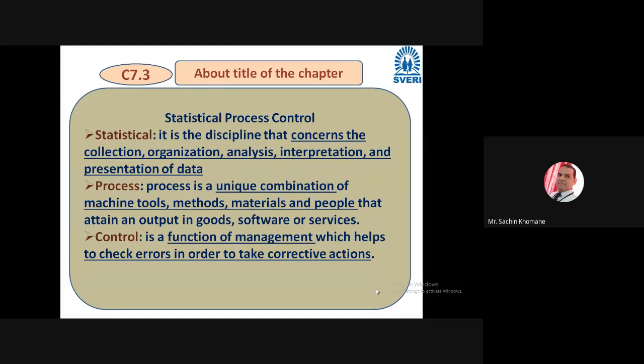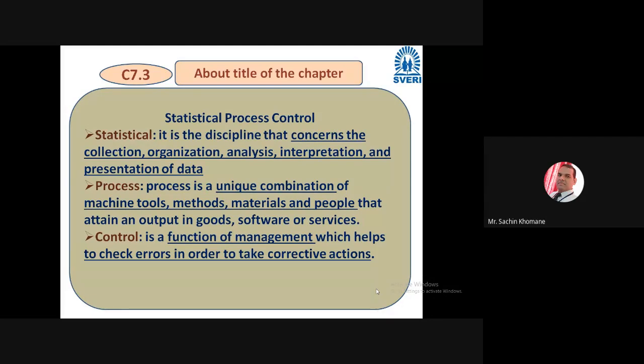Then you have to organize that data, then analyze it, then interpretation of data, and later on presentation of data. And then you have to come to a certain conclusion, like where is the exact problem, and you can understand so and so corrections we should take.